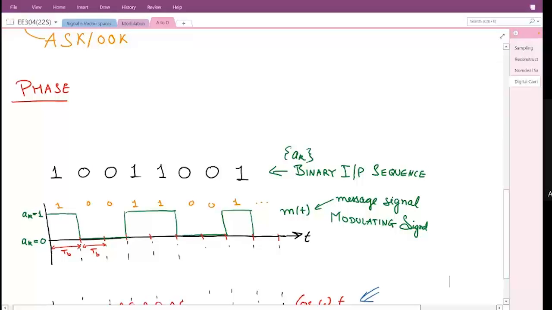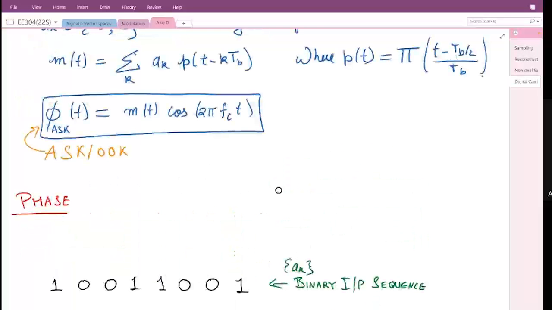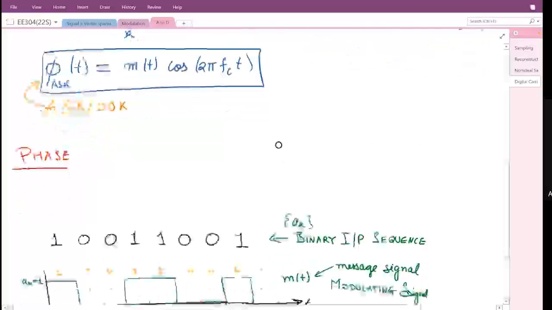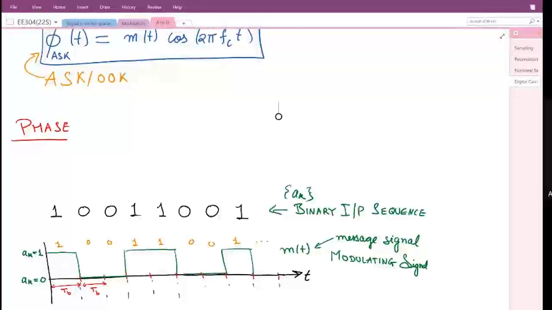But here, what should we do? If we map the same message signal, that means AK, if AK is equal to 1, we can map this to a pulse which is positive, and if AK is equal to 0, we can map it to a pulse which is negative.